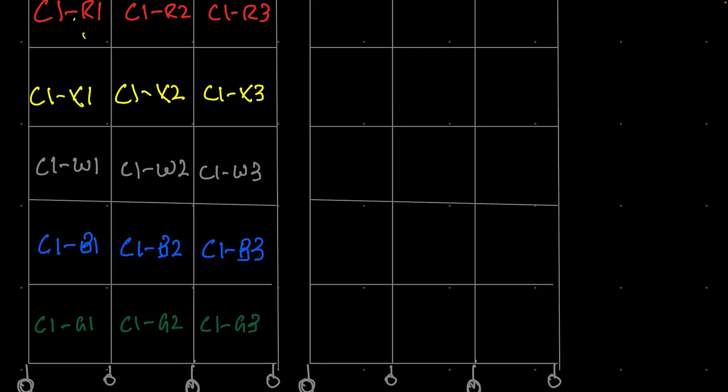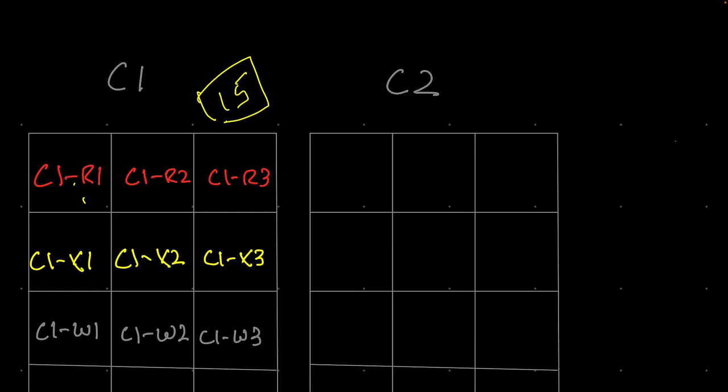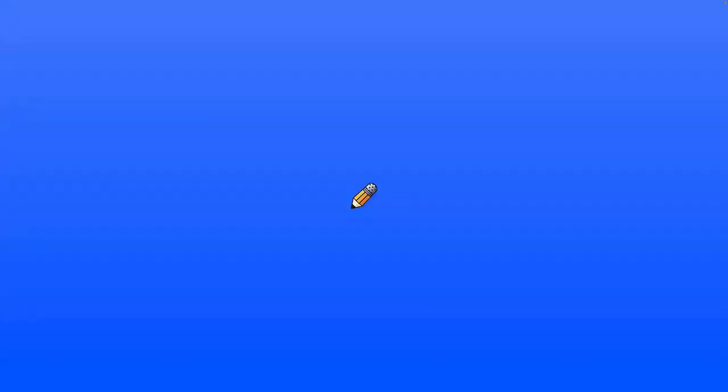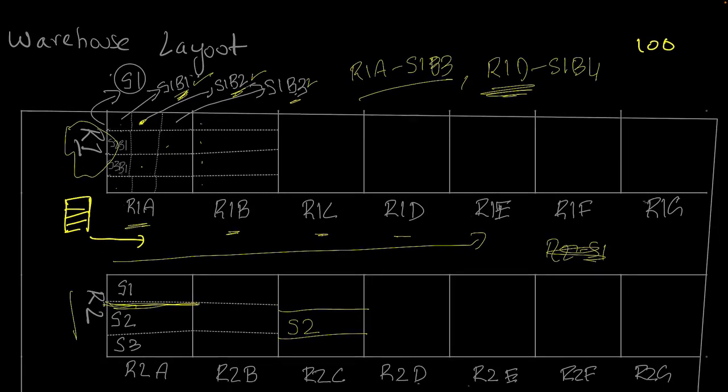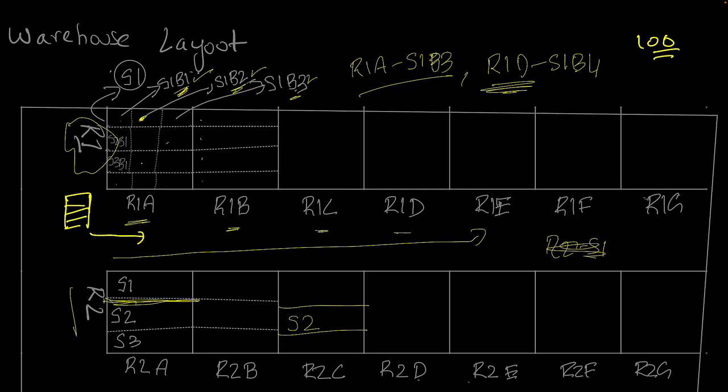So I'm going to pick 15 orders that are located in R1. So this is R1, and from these 100 orders, 15 orders will be assigned to me, all located in R1.